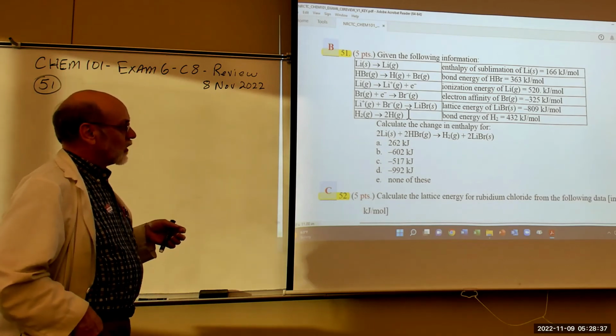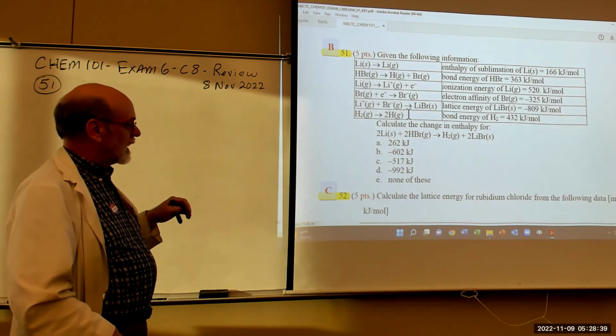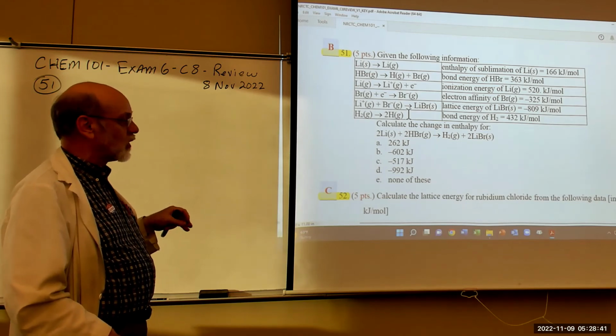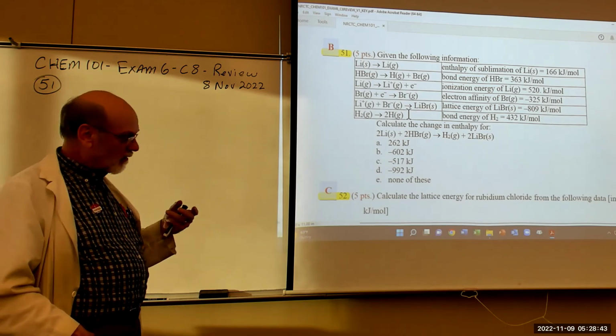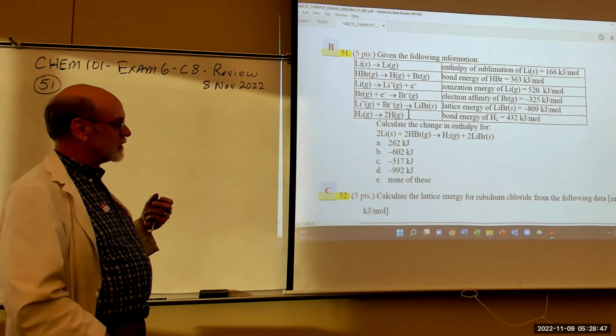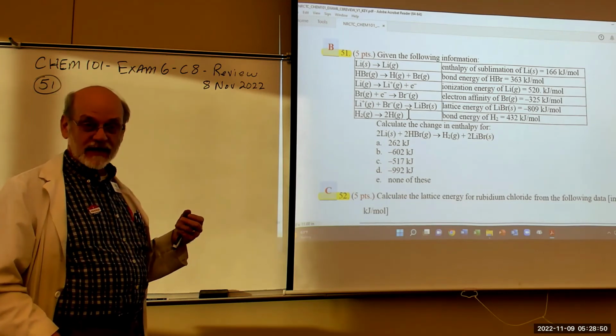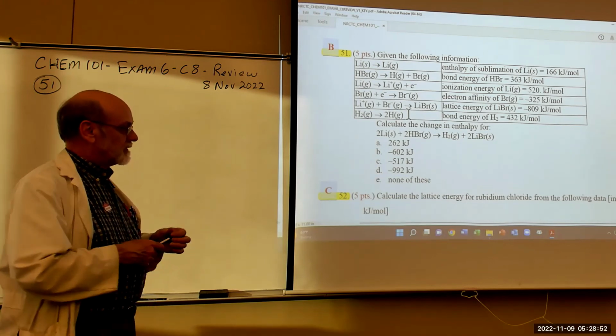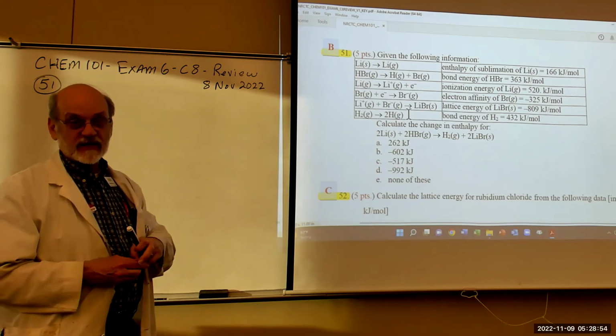Okay, so since we're given all this information and we want to calculate the enthalpy for this equation where lithium solid is reacted with hydrogen bromide gas to yield hydrogen gas and lithium bromide solid, the best way to approach this one is with Hess's law.